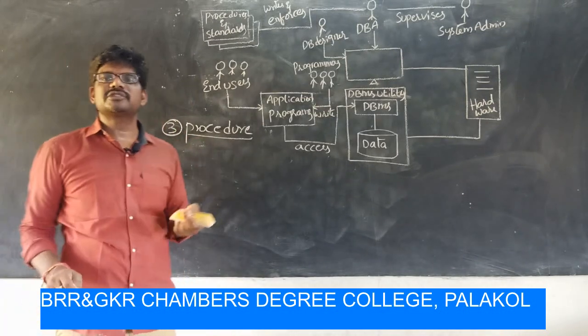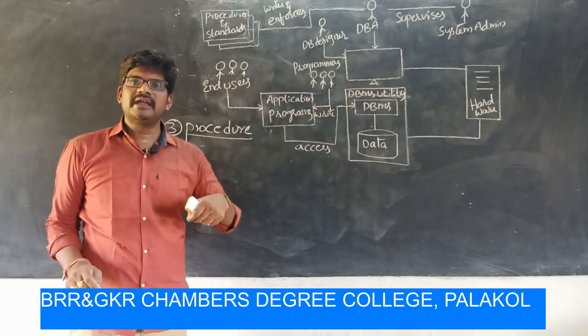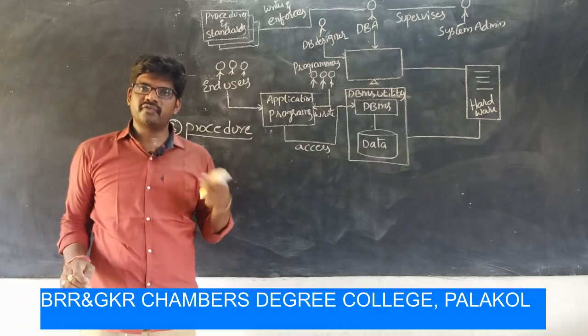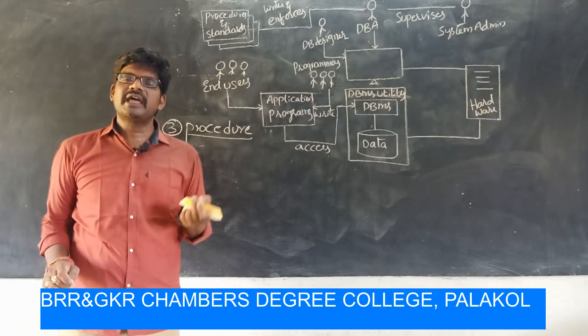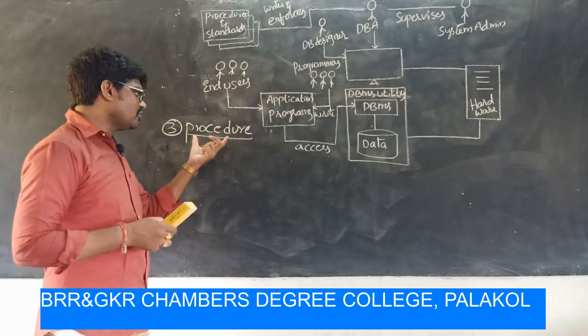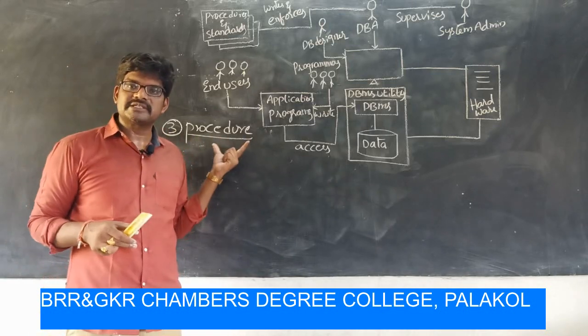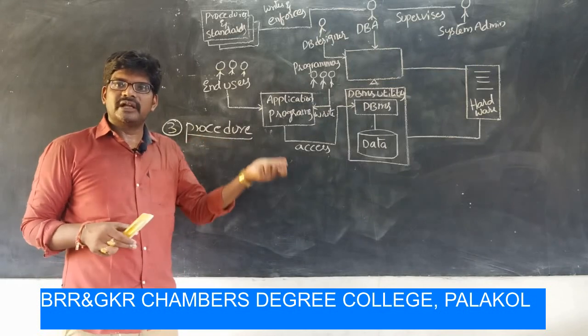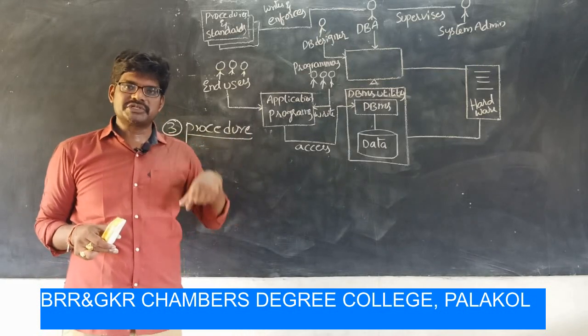How to use the database system can be described in the procedures. We can follow the rules and the instructions about the database. Procedures are the rules that instruct how the database system is used.